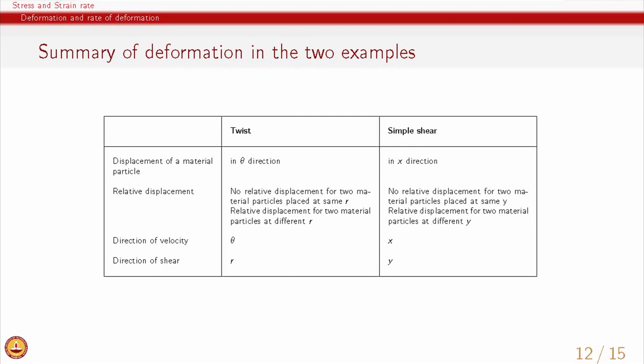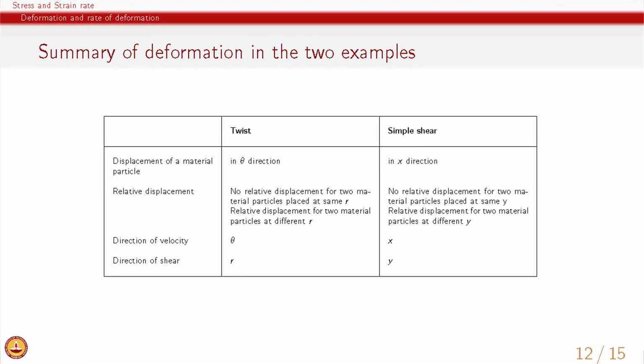So, just to summarize, what we saw was in case of twist, the displacement of a material particle was in theta direction, the velocity itself was in theta direction. In case of a simple shear, the flow was in x direction or the displacement of a material particle was in x direction. So, if you look at relative displacement between material particles, there is no relative displacement for two material particles placed at the same r.